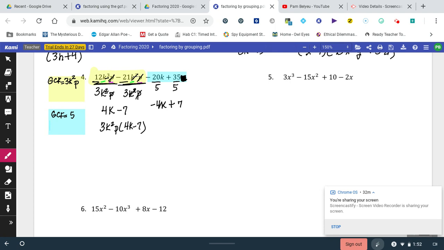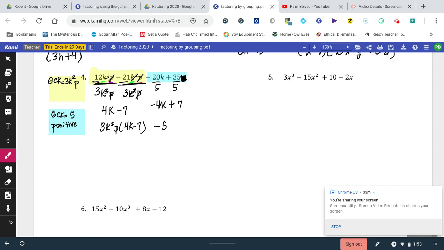So what do you do if you make a mistake and that happens? Go ahead and change every single thing to its opposite. I know this is positive, but I want you to write the opposite. Then you would just write negative 5.